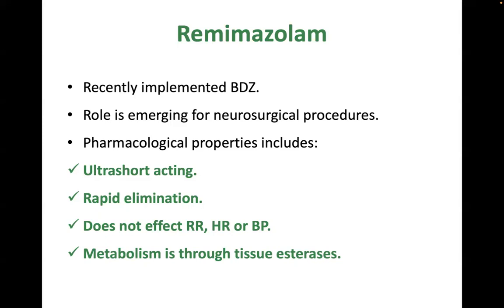The only problem nowadays from our part of the world is the cost, and it's not readily available even in the advanced healthcare setups. But yes, a lot of literature is coming up on the use of remimazolam for the techniques we are discussing right now.